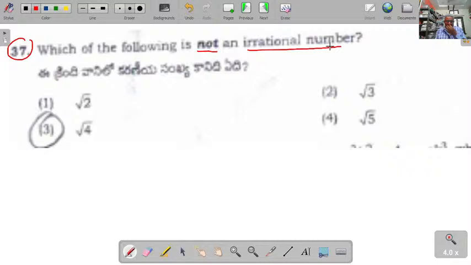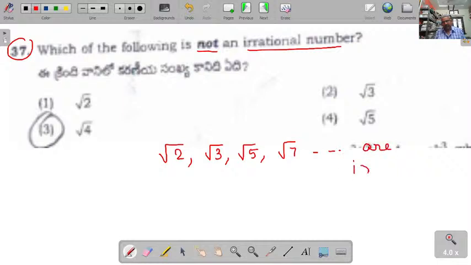So my dear students, you remember root 2, root 3, root 5, root 7 are irrational numbers. Suppose root 4 is there. Root 4 is equal to root of 2 into 2, whose value is 2.